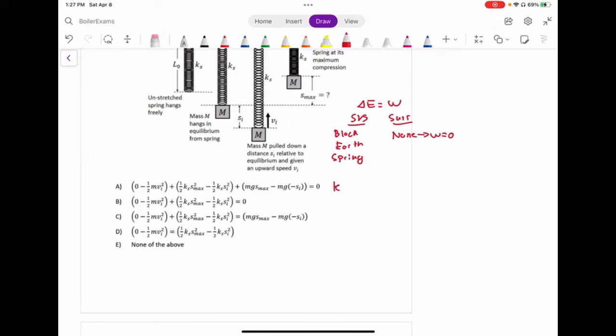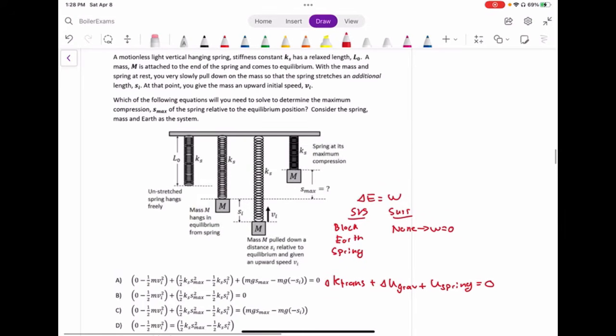We're going to have a delta K trans from the block, delta U gravity from the earth, and delta U spring from the spring. It's all going to equal 0. And we want to find s max, so we want to find that distance.